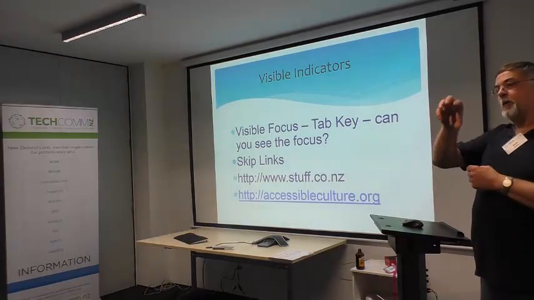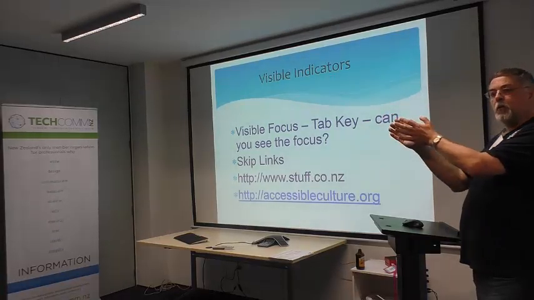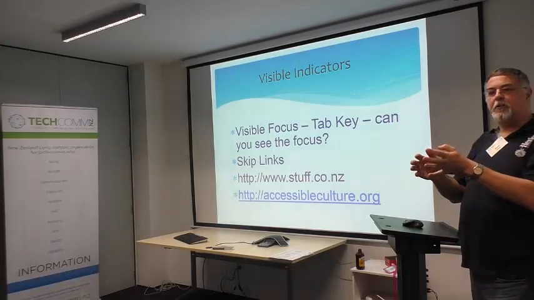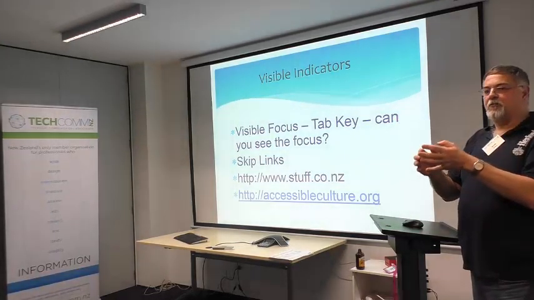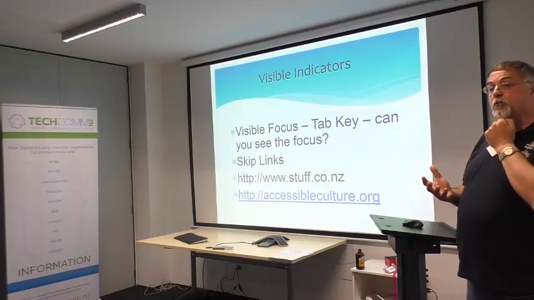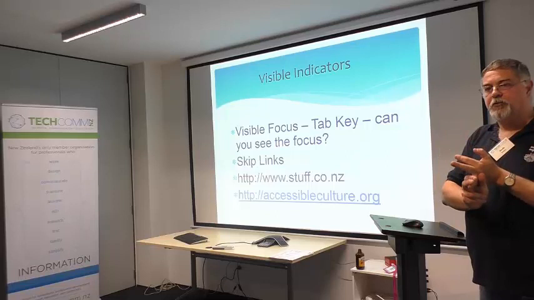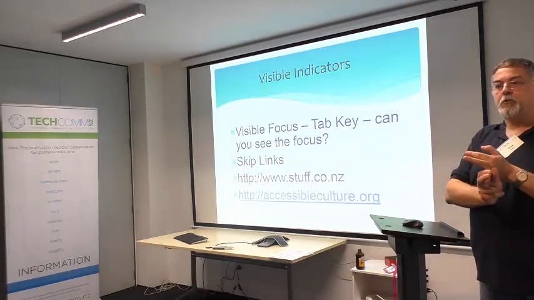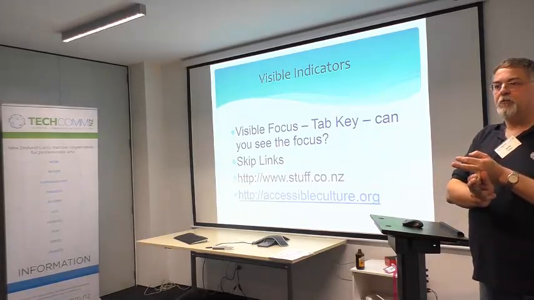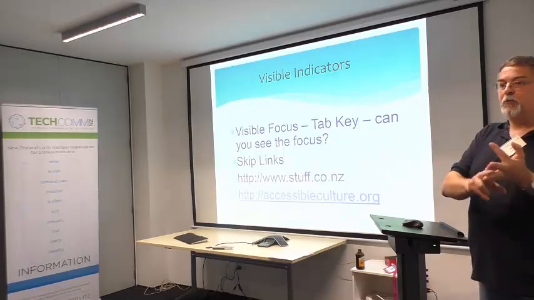Or when you're tabbing through a menu and it changes colours as you tab, and you can tell where you are, and then suddenly it disappears because they've styled that bit differently. So visible focus is really important for sighted non-mouse users. Otherwise, how do you know what control you're about to click? If the Buy It Now button doesn't light up, how do you know you've got Buy It Now?